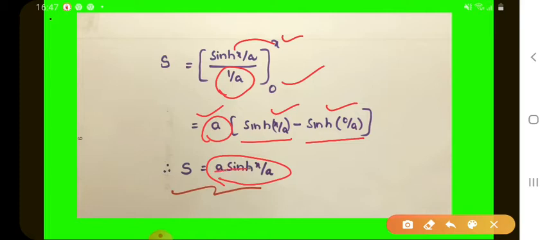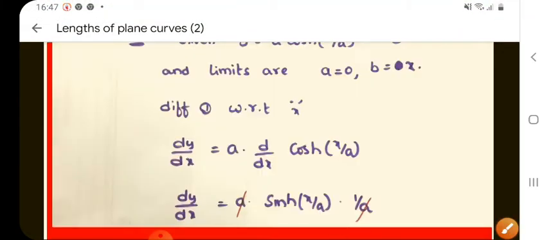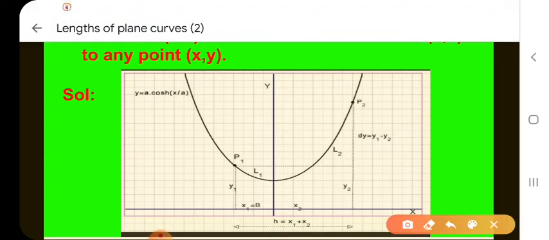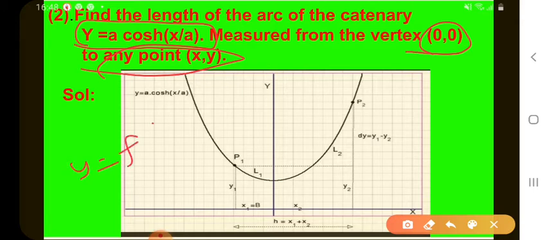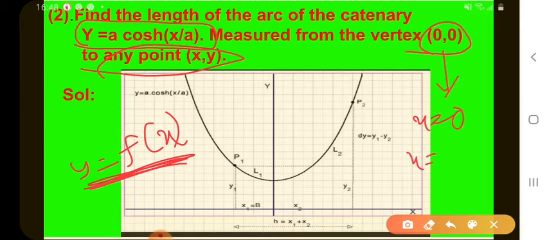I will explain again. Here the equation of the curve is y equals a cos hx by a, and we find the length from the vertex to any point x comma y. If the equation is in the form y equals f of x, we need to find the limit values of x. The first point's x value is 0 and the second point's x value is x.